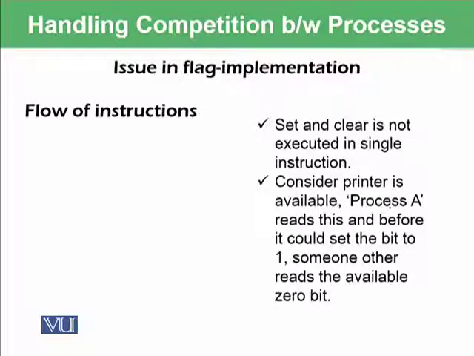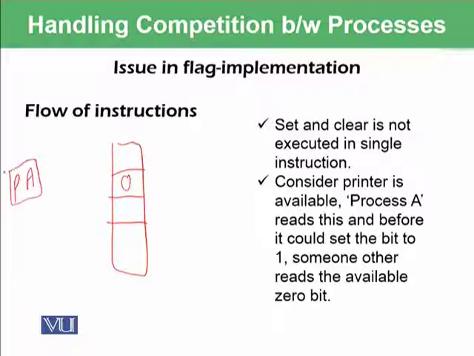For example, here is a memory and here it is written 0. This 0 means that the printer is available. Process A, which I am noting as PA, reads this information.